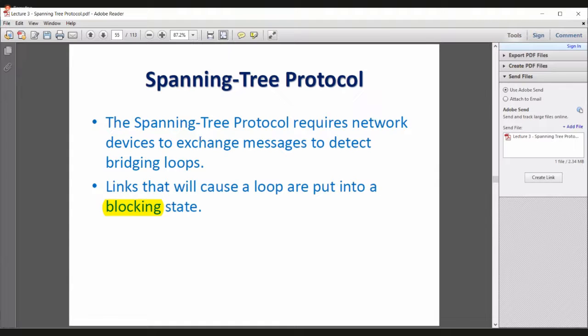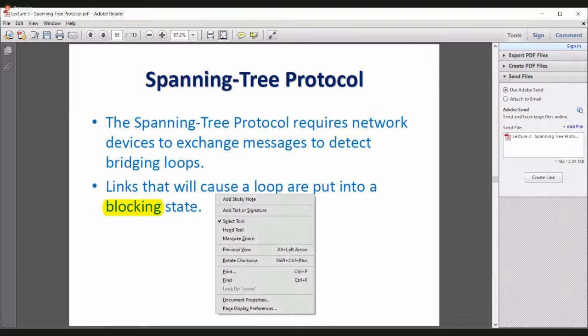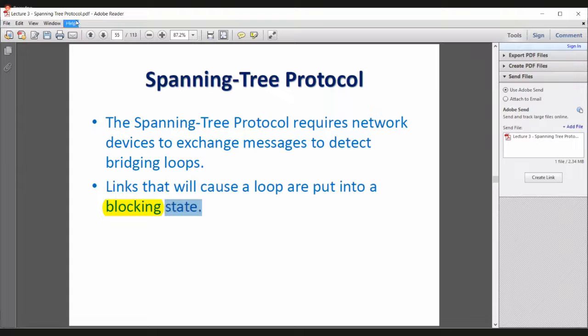Spanning tree protocol requires the network devices to exchange messages to detect bridging loops. It is obvious. Now the root is there. Then how it finalizes with the other parts, right? Links that will cause a loop are put into the blocked state.